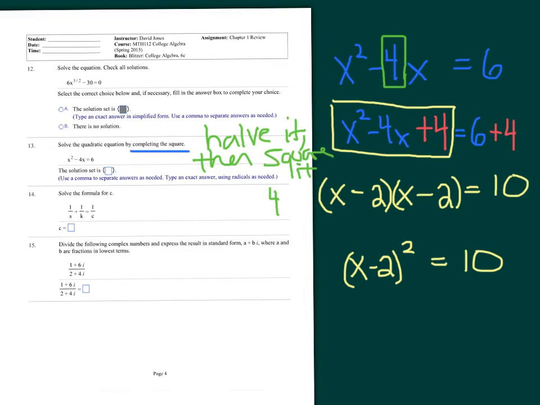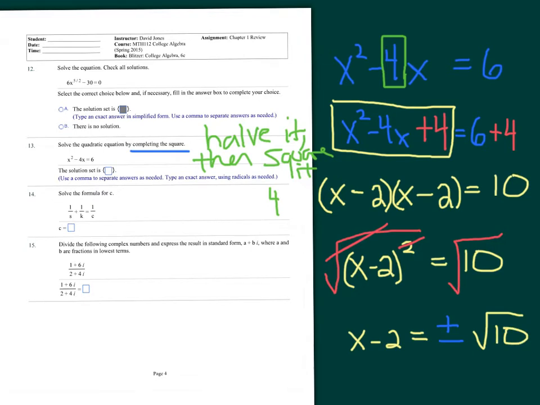And then to solve it from there, we could use the square root property and get rid of that 2 by square rooting the left and also square rooting the right. So the 2 is going to cancel out, and so is the square root on the left, leaving us with x minus 2 equals, and anytime we use the square root property, we got to do that plus or minus the square root of 10.